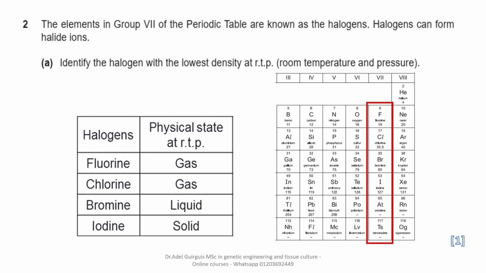As fluorine and chlorine are gases, they have lower density than bromine. But look at fluorine. Fluorine has an atomic mass equal to 19, while the chlorine atom has an atomic mass of 35.5. Which one has lower density? Fluorine. Okay, so the answer is fluorine.